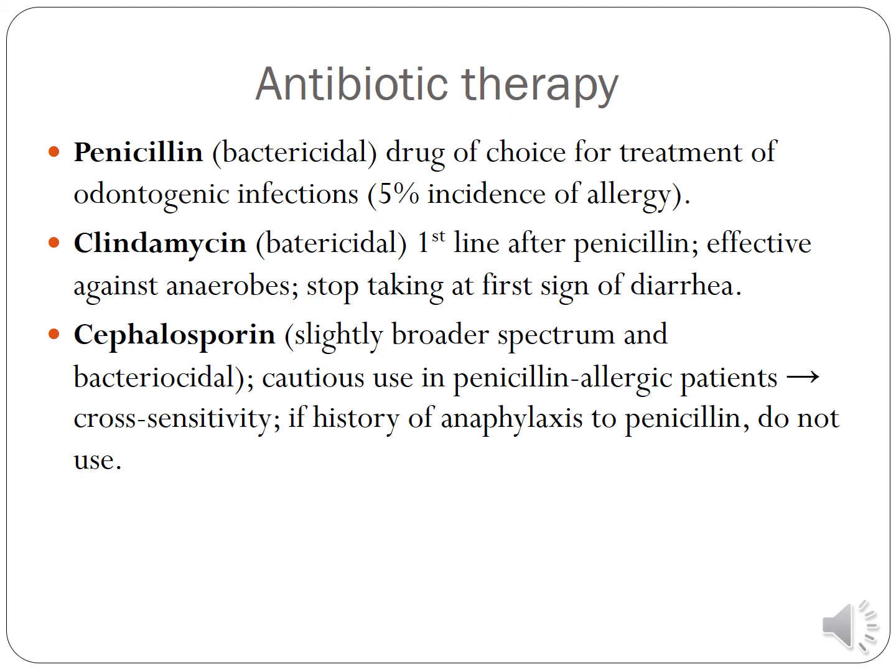Antibiotic therapy: penicillin is the drug of choice for treatment of odontogenic infection. Clindamycin is first line after penicillin. It is effective against anaerobes; stop taking it at the first sign of diarrhea. Cephalosporin has a slightly broader spectrum and is bactericidal. Use cautiously in penicillin allergic patients because of cross sensitivity; if there is a history of anaphylaxis to penicillin, do not use.